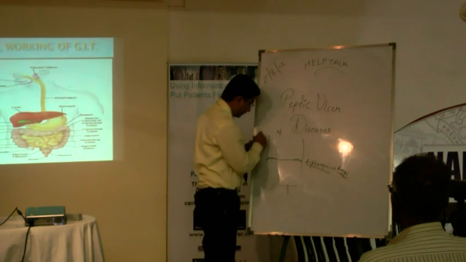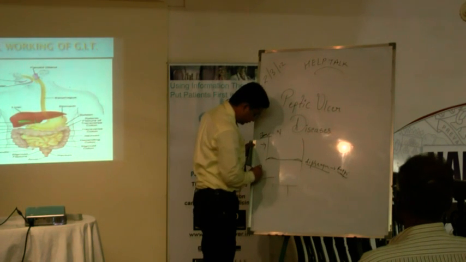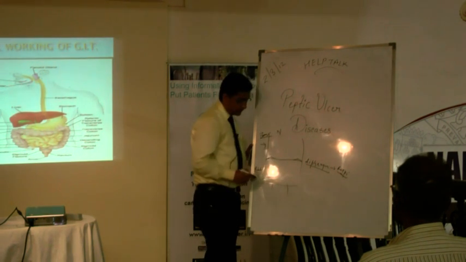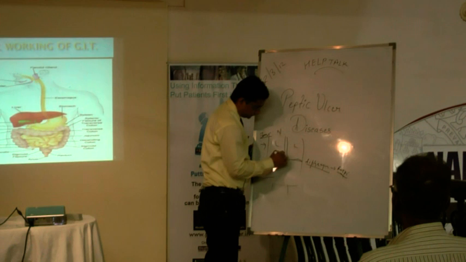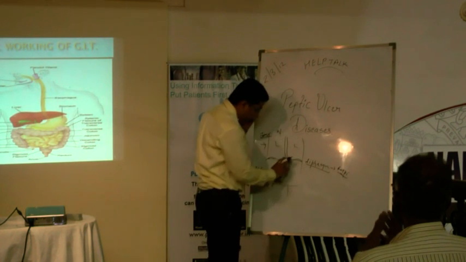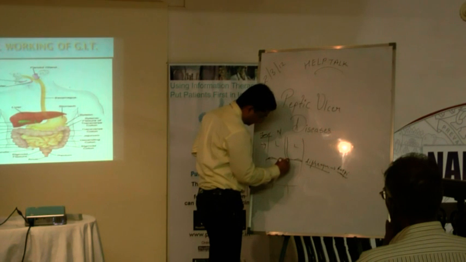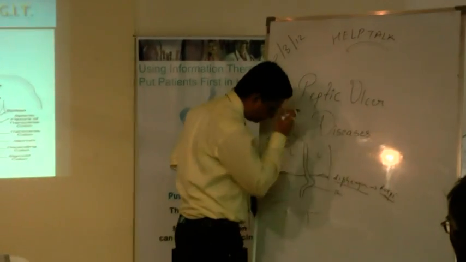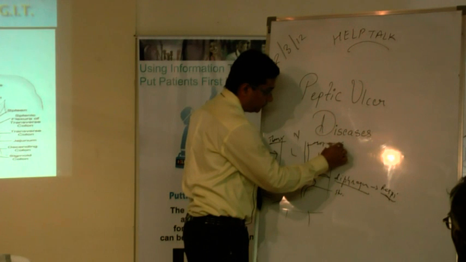The upper one we call the thorax, and the lower one we call the abdomen. In the thorax, the vital organs like a pair of lungs are situated, and this is the esophagus. Here is the opening for the esophagus to enter into the abdomen. And this is the stomach. So this is the esophagus, or food pipe.